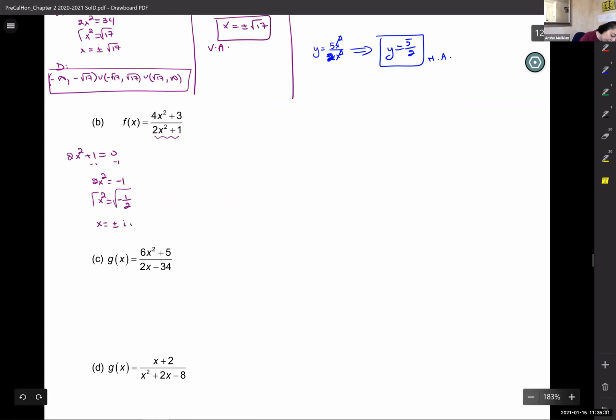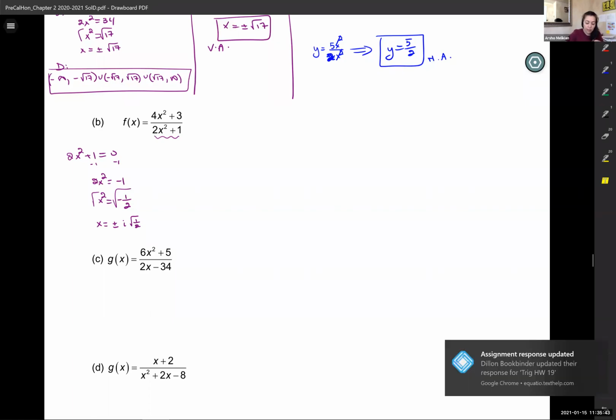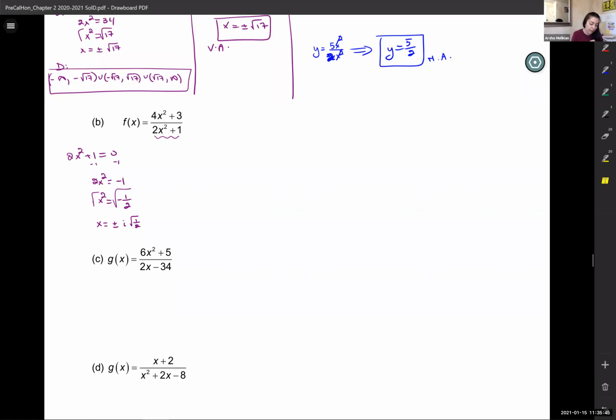What does that mean? It's 0 at that imaginary number, right? That means there is no real number which makes the denominator 0.